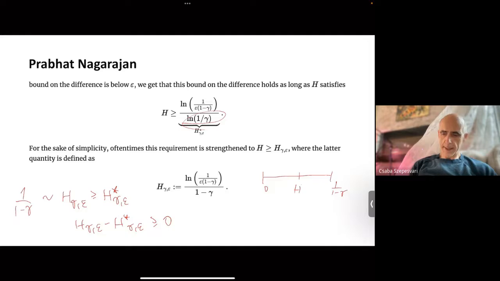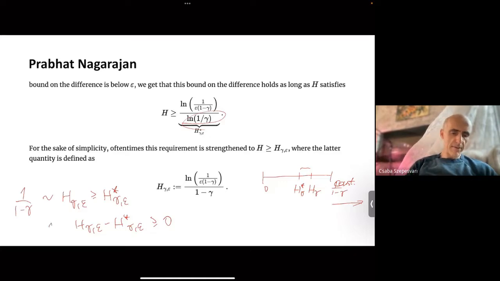This is the H star of gamma. And then there is the H gamma, which is a slightly bigger guy. We take the difference between the two, and we let gamma go to 1. Of course, the length of the interval that both belong to explodes, so we renormalize with that.